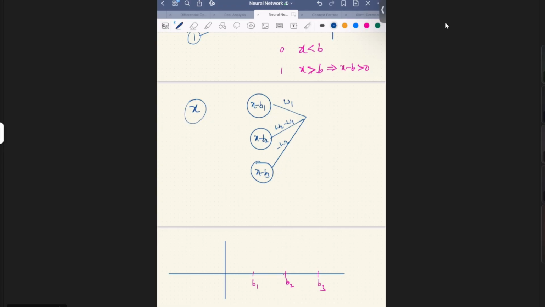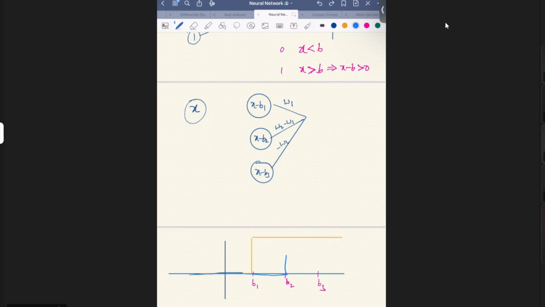So the first one is activated as soon as it achieves B1, that is the first signal comes and activates here. This is the first signal, and the second signal activates this one.